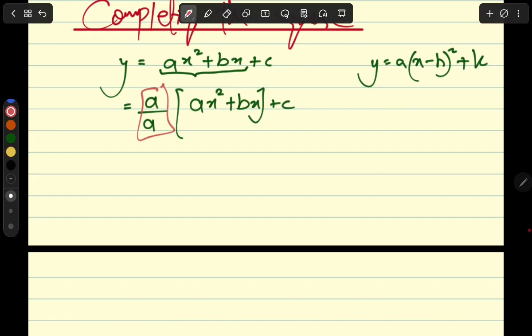So therefore we just multiplied it by 1. Now if I send this denominator here, this becomes (ax squared plus bx) upon a, and this a stays here as it is, and I can copy down the c as it is.